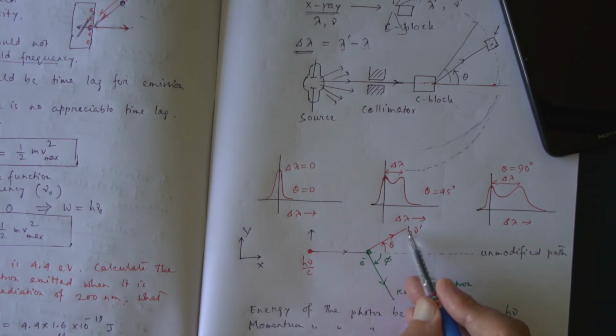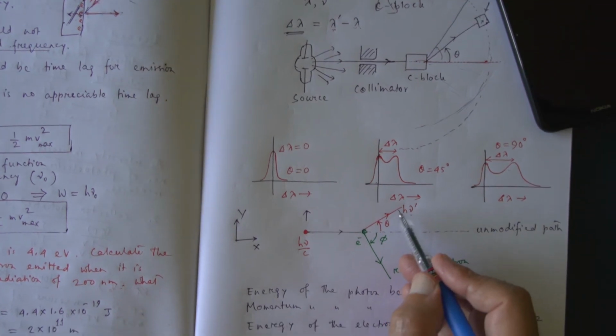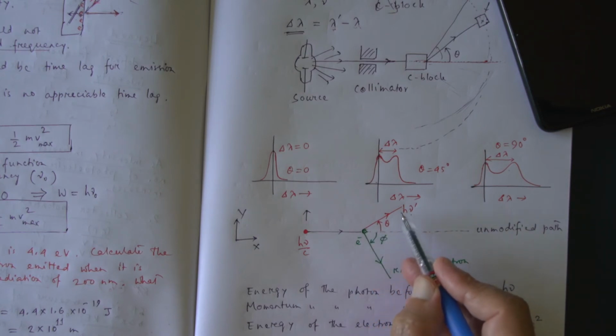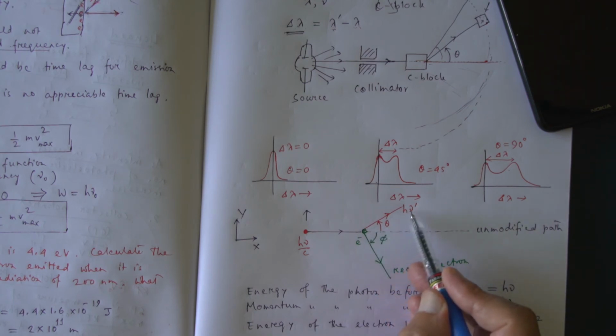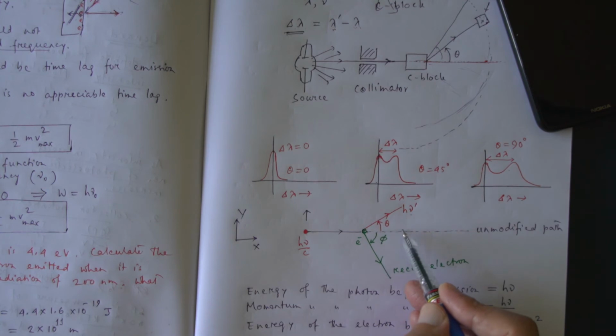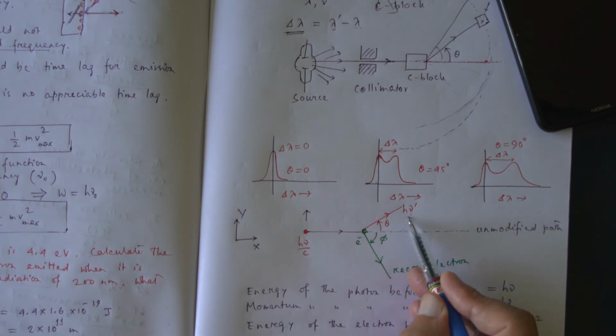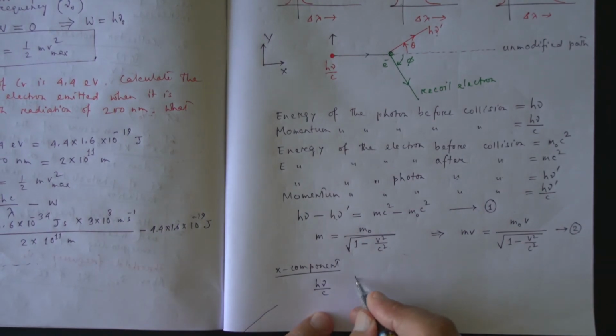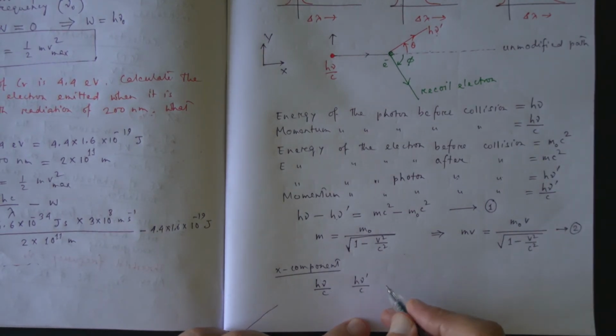Okay, change in x component of momentum of the scattered photon. So this will be h nu dash by c cos theta.